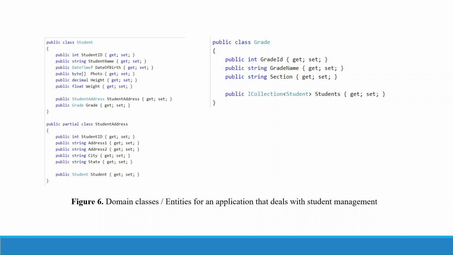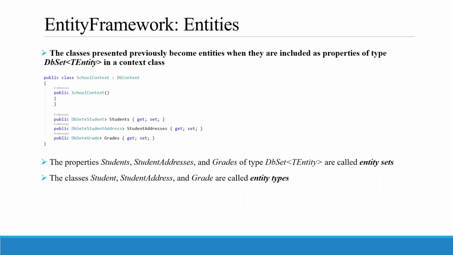Student has the properties StudentID, StudentName, DateOfBirth, and so on. The entity StudentAddress has a StudentID, Address1, Address2, and so on. The classes presented become entities when they are included as properties of type DbSet in a context class, like we have seen earlier.